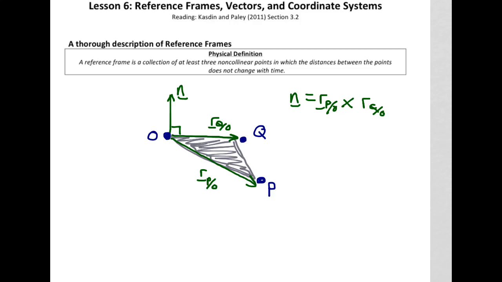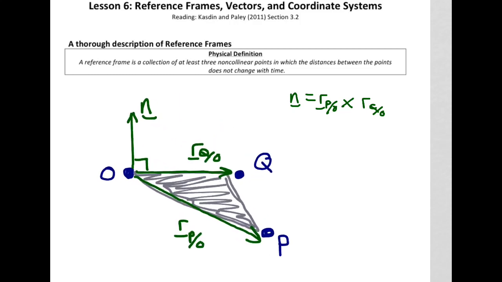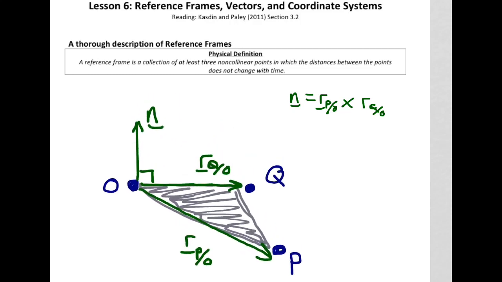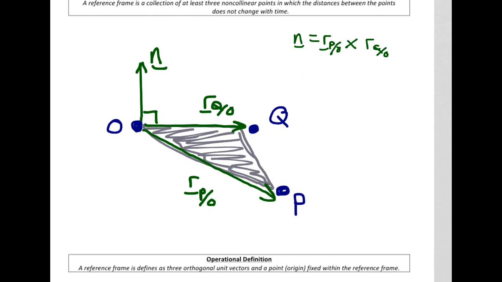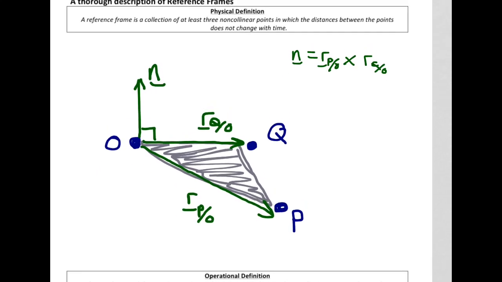Now, we want to make this a little bit more convenient for us, so let me make this a little bit bigger. And so, what I mean by convenient is that we have typically drawn our reference frames as 3 lines that are orthogonal to each other, right? So, let's draw those 3 lines.